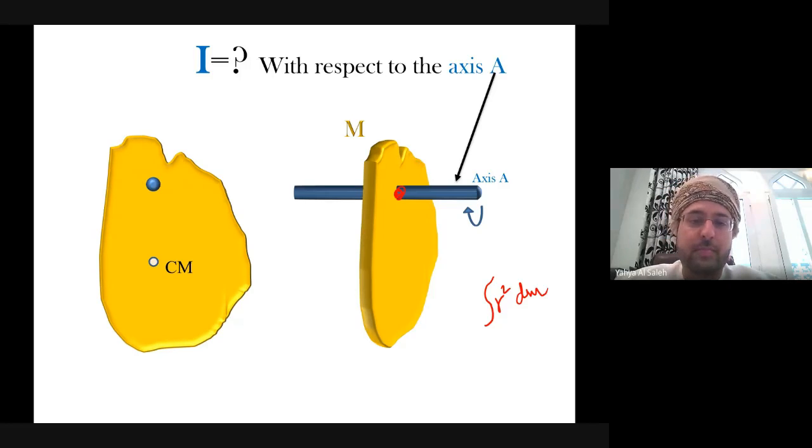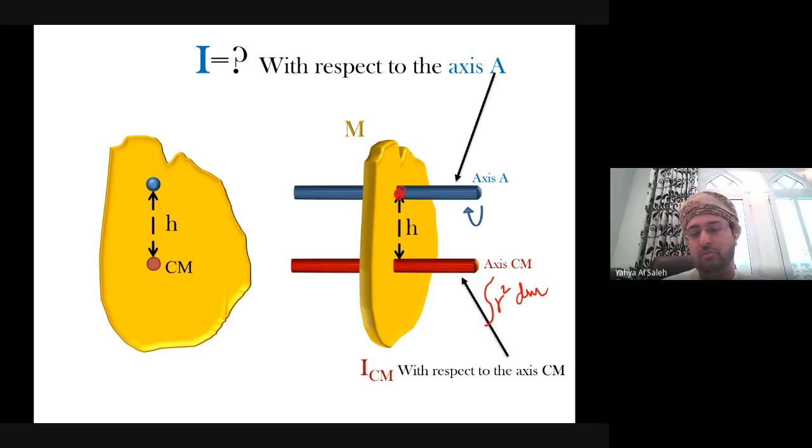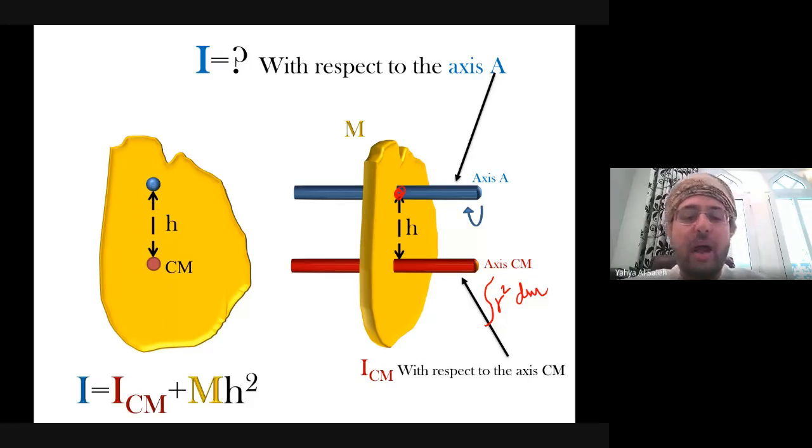So let's take a look at it from the top. This is my center of mass, the red one, and I want to rotate it with respect to axis A, which is the blue one. The distance between them is h. Now I know what is my moment of inertia with respect to the center of mass.